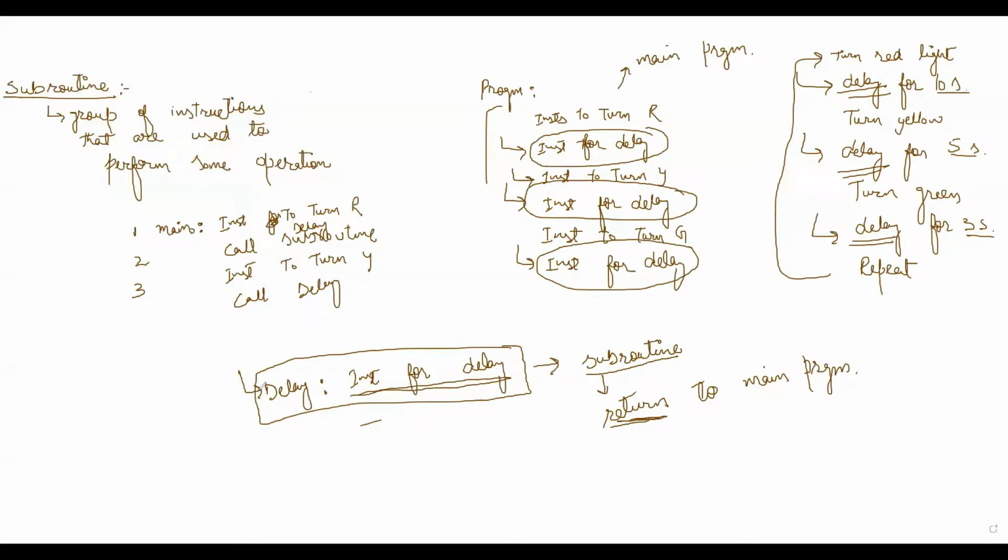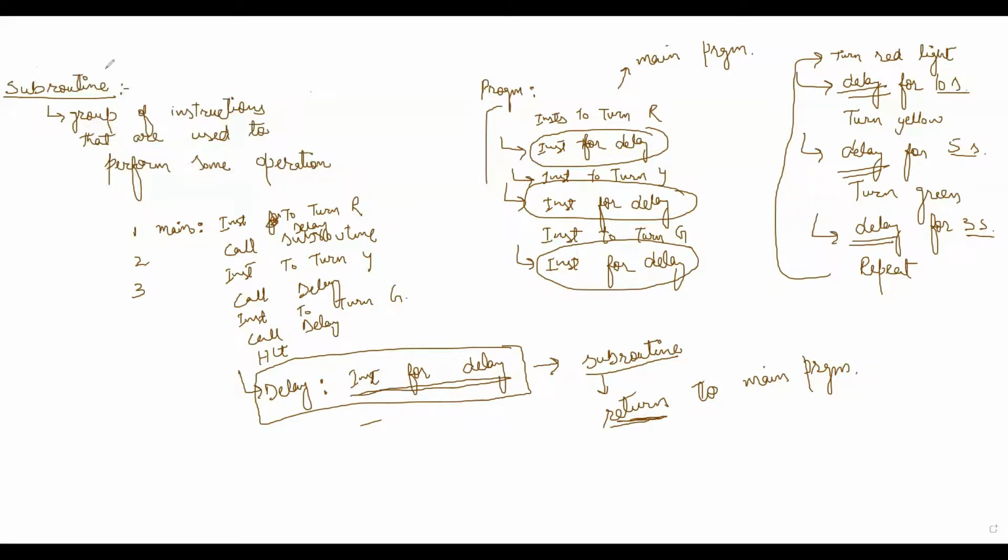Then again, it will go back and we will have instructions to turn green. Then again, call delay. And at the end, we will have halt. Halt means end of the main program.